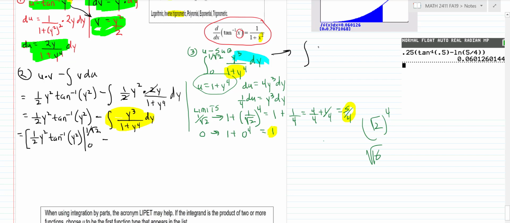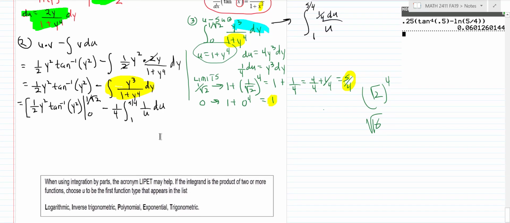The y to the third dy is 1/4 du, and then u is the denominator, and we're taking that from 1 to 5/4. So I'm just going to put that integral in, so that is 1/4 times the integral, 1 to 5/4 of 1 over u times du.